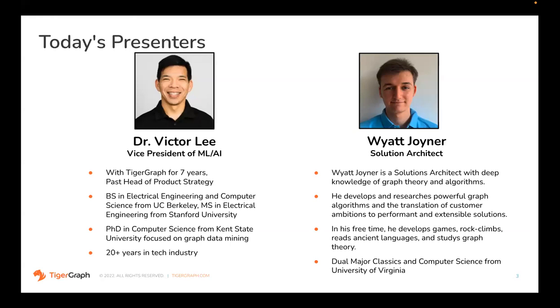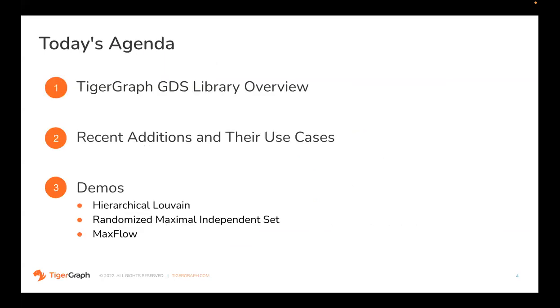He is very much interested in graph theory and graph algorithms, has done a lot of the development for our graph algorithm library, has some really cool hobbies, and has a much broader background than just computer science. So he'll be doing our demos today, and he's joining us from England.